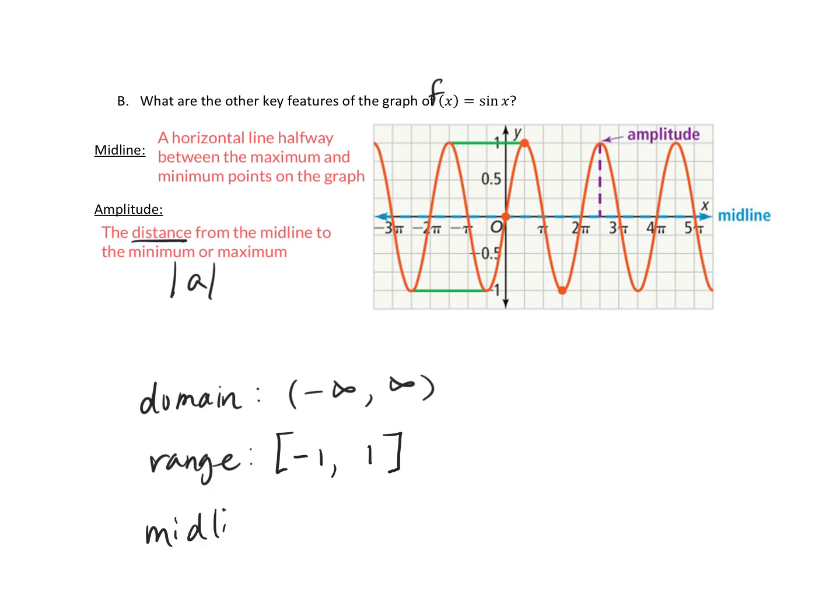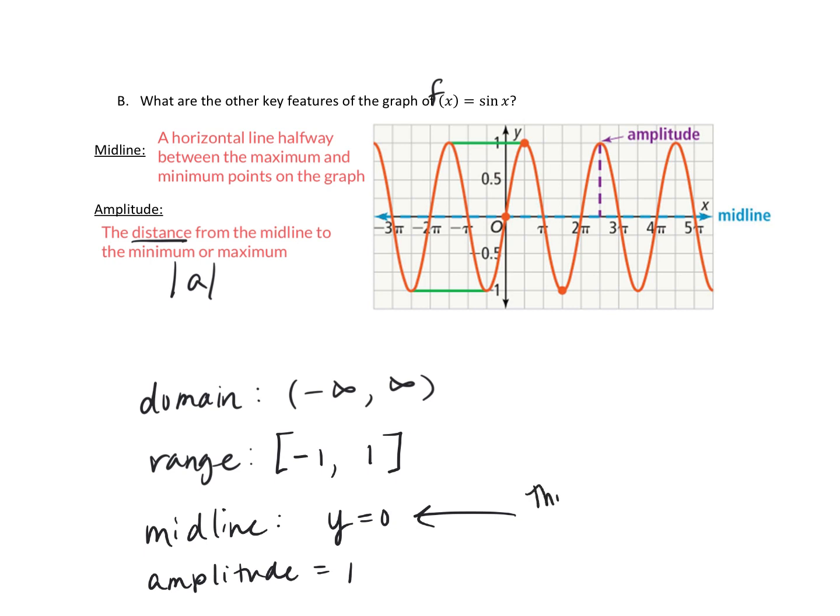Now we know this thing called a midline. So the midline is the equation y equals 0. And then the amplitude for this graph is 1. Something just to take note about the midline.